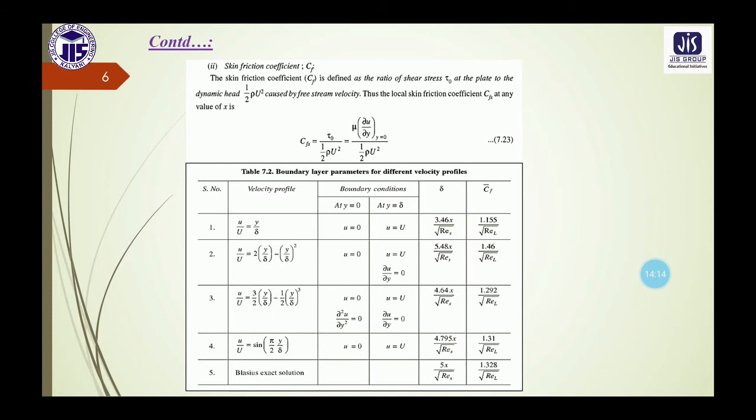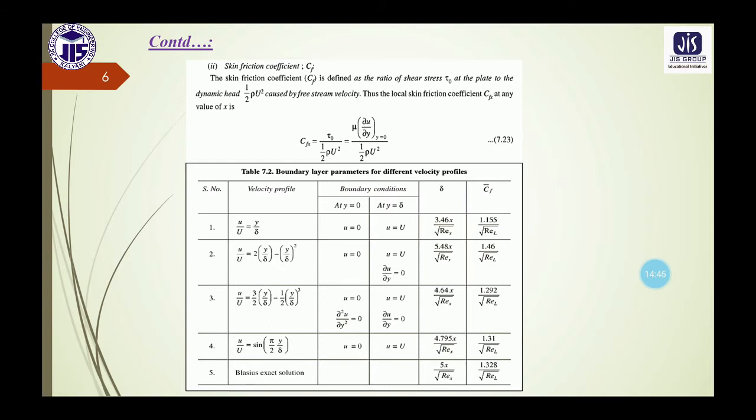There is one definition, that is skin friction coefficient, and the notation is Cf. The skin friction coefficient is defined as the ratio of shear stress, that is tau naught at the plate, to the dynamic head, that is half rho U square, caused by the free stream velocity. So the local skin friction coefficient at any value of x is Cfx, which equals tau naught divided by half rho U square.